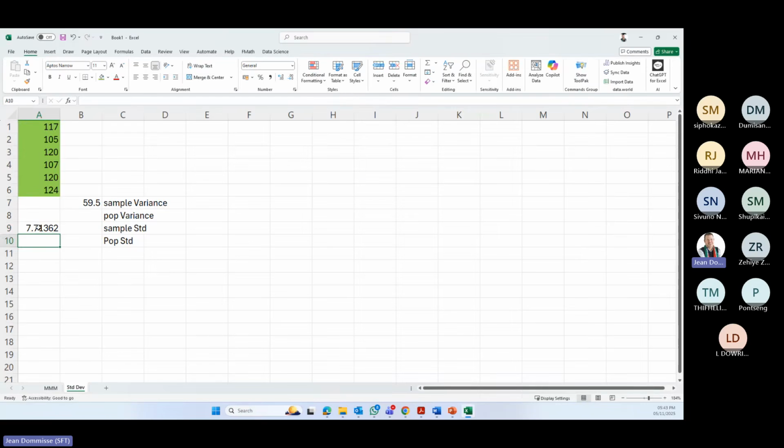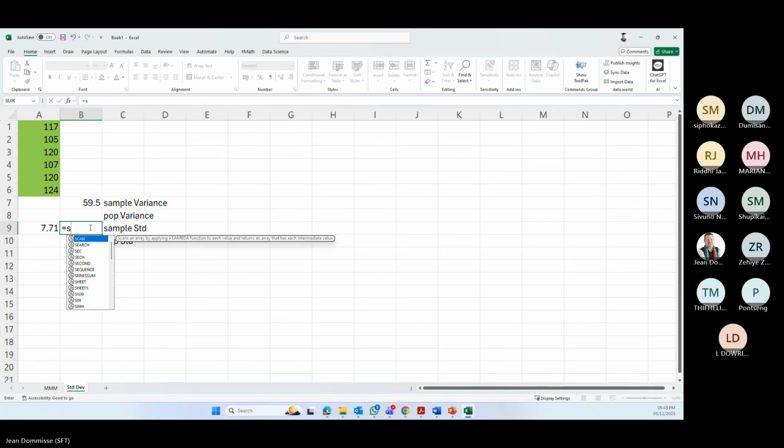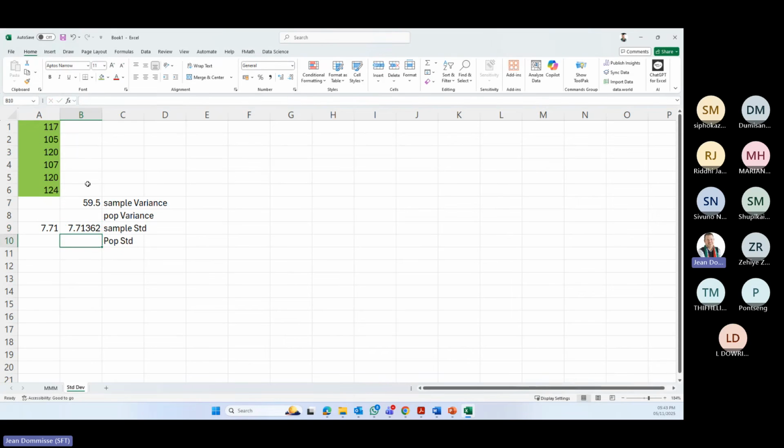That's one way, to go from your sample variance and square root it, but there's also the standard deviation of sample function that would have taken that into account, and you will see you get the same answer.